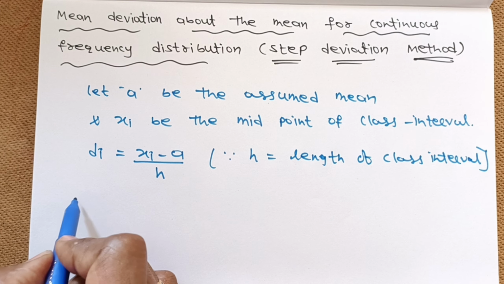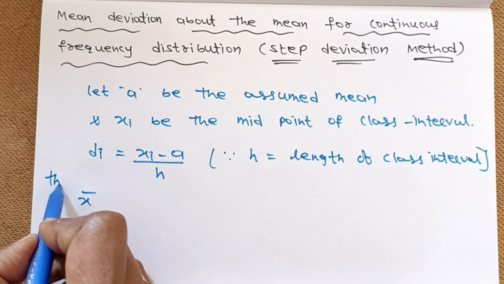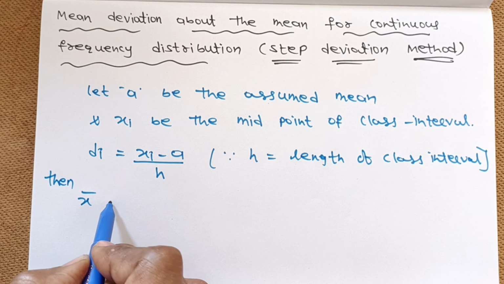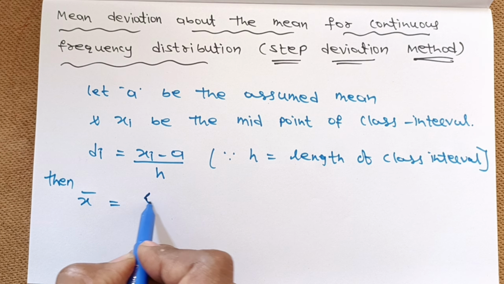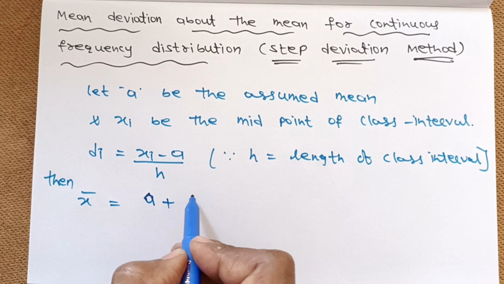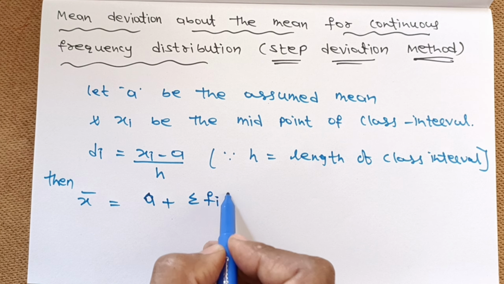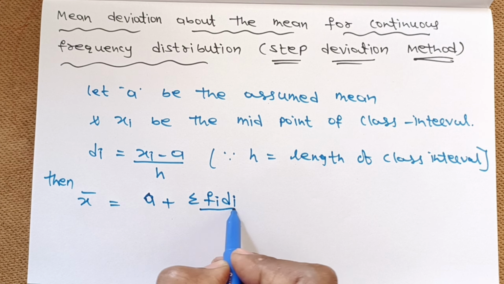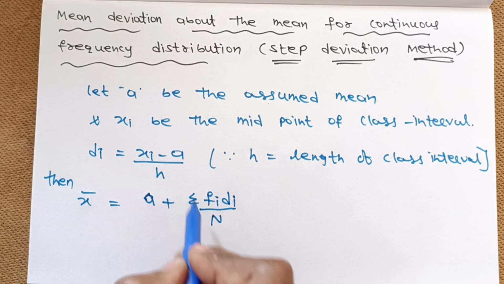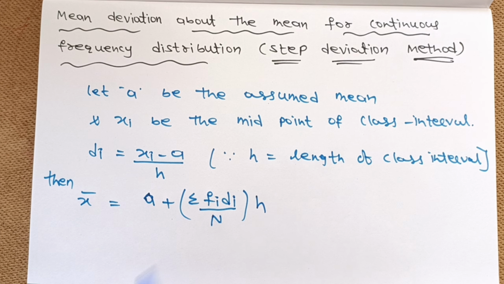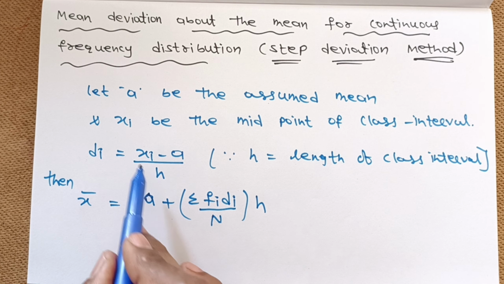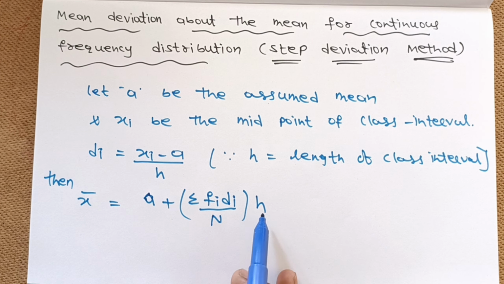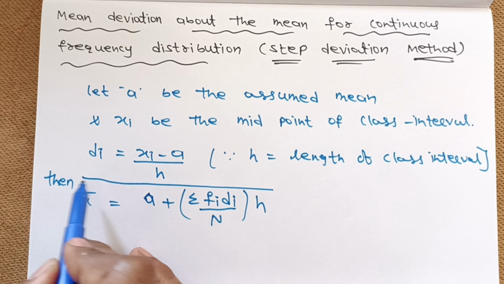Now the mean x bar is defined as a plus sigma fi di, divided by n, into h. Here fi is the frequencies, di is xi minus a by h, h is the length of the class interval, and a is the assumed mean. So this is the mean formula.